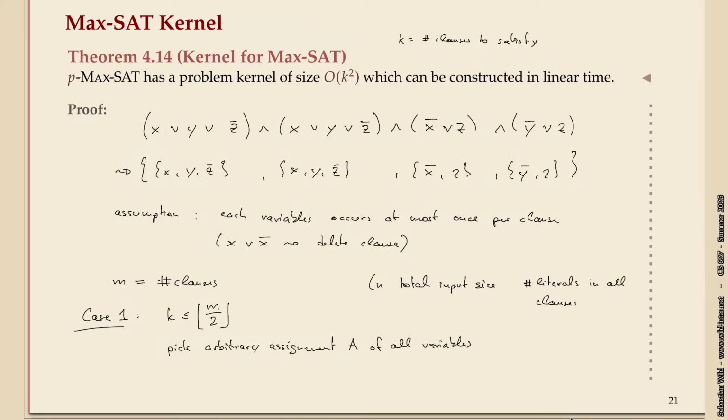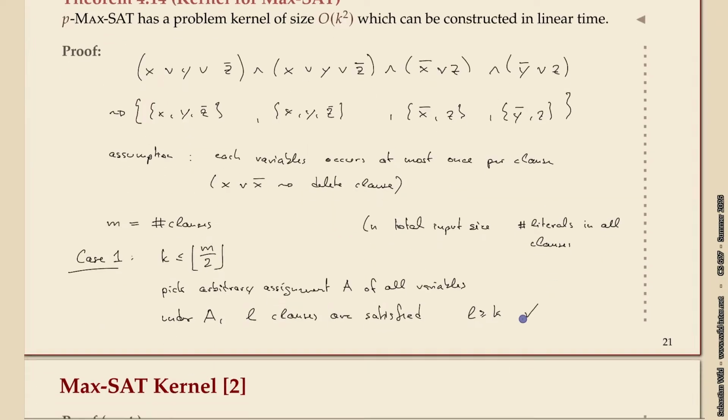And now what's going to happen? A is going to satisfy a certain number of clauses, right? And we don't know what L is. But clearly, if L is at least K, then we're done. We can just output a yes. It's a yes instance. We found a satisfying assignment for that instance.